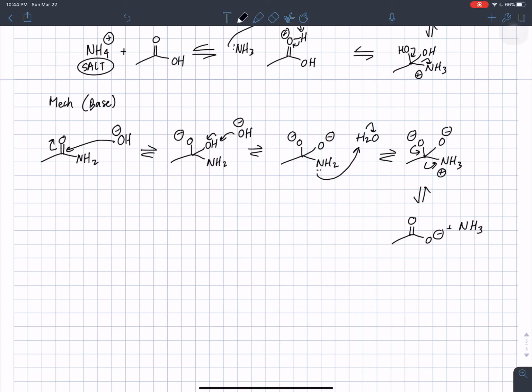Now, just like before, you end up with the O minus here. And if you really want to form a carboxylic acid, you have to put this through acidic conditions right after. So just keep that in mind. Base. There you go.